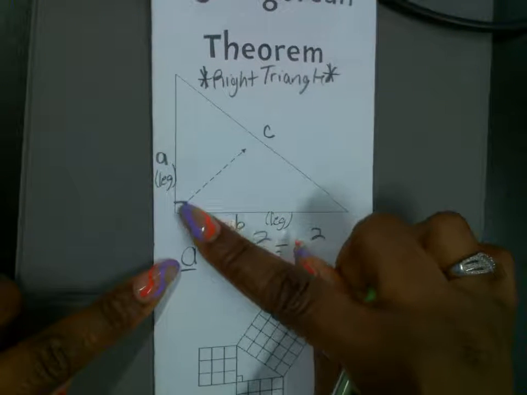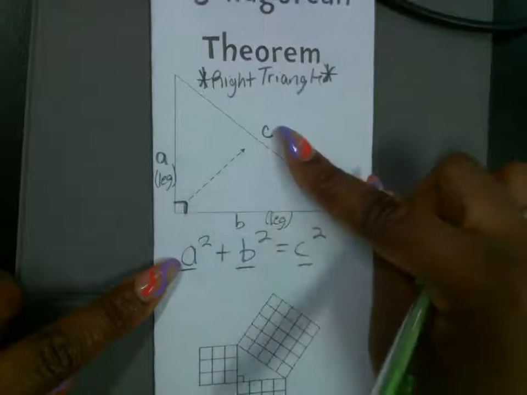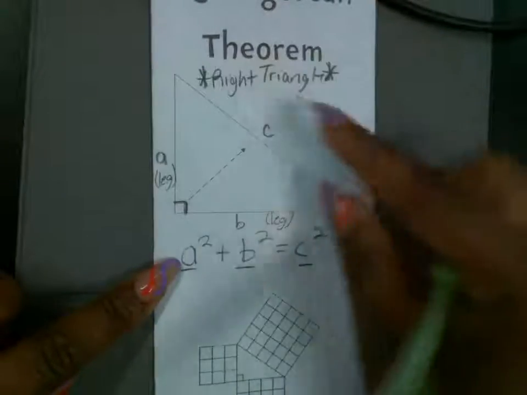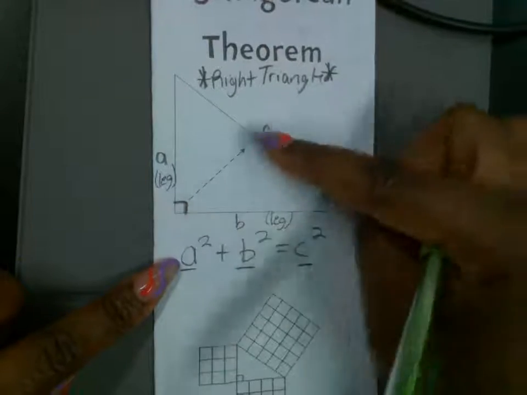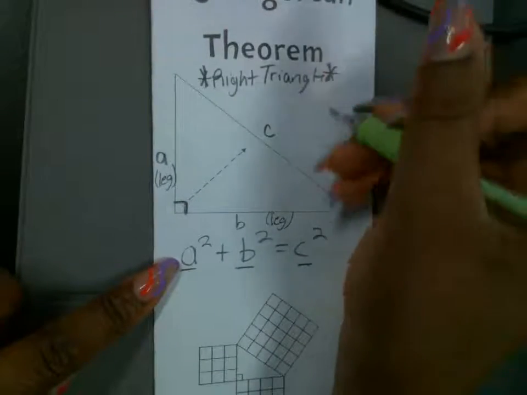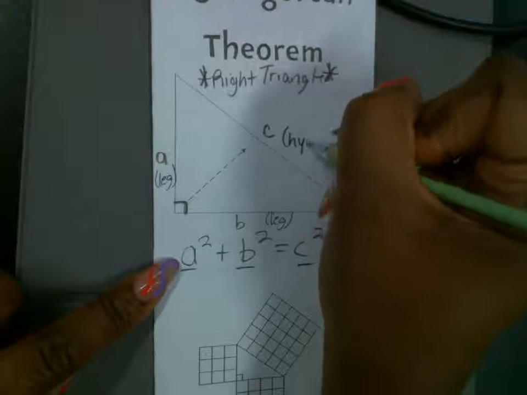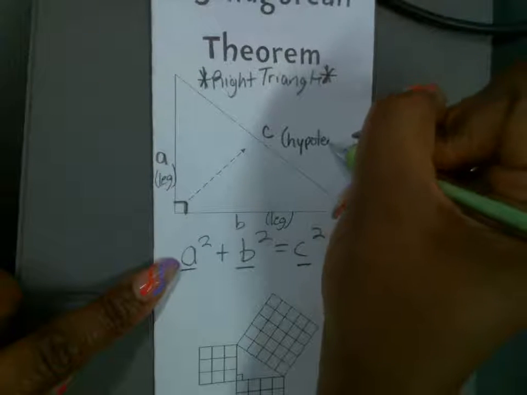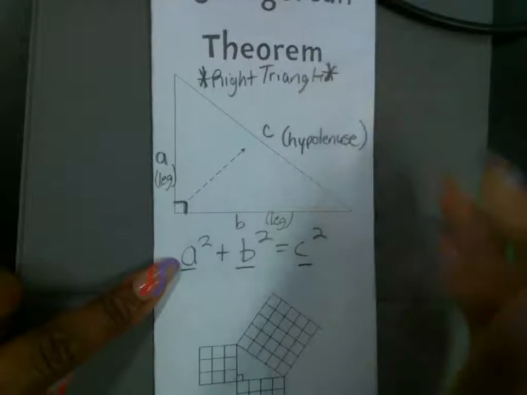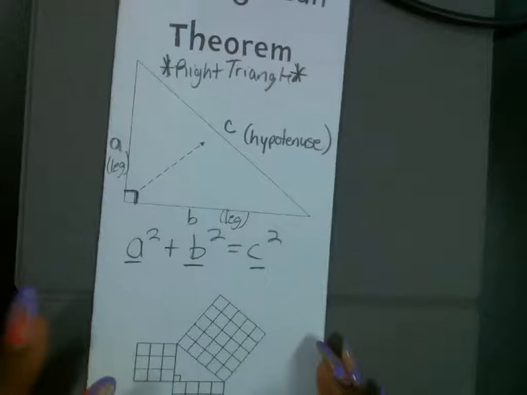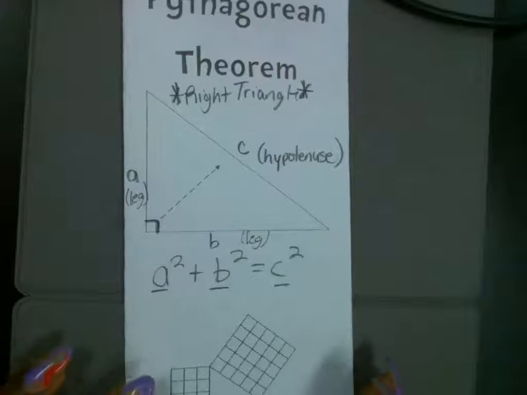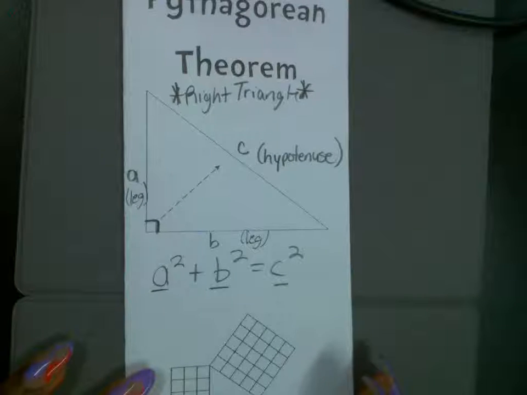However, the side that's opposite of the right angle is the longest out of the three. So it's the longest side, and it's opposite of the right angle. It has a special name. It's called the hypotenuse. That's weird, but I've heard stranger.